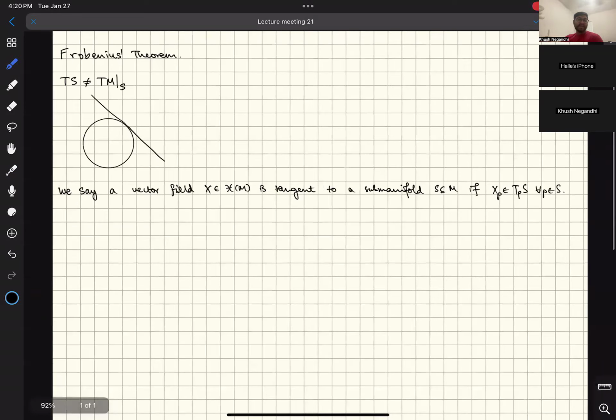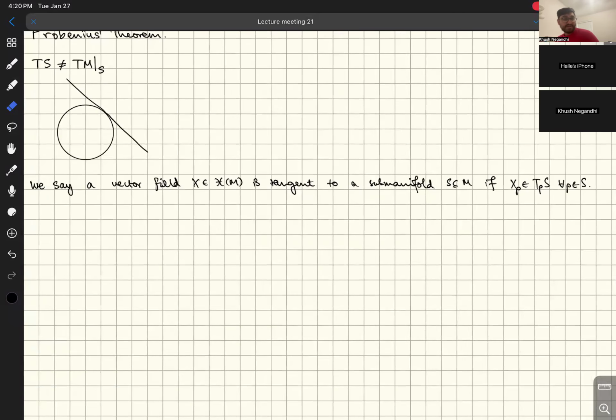Something is tangent to a submanifold if it's tangent to the submanifold. So, pretty obvious things.